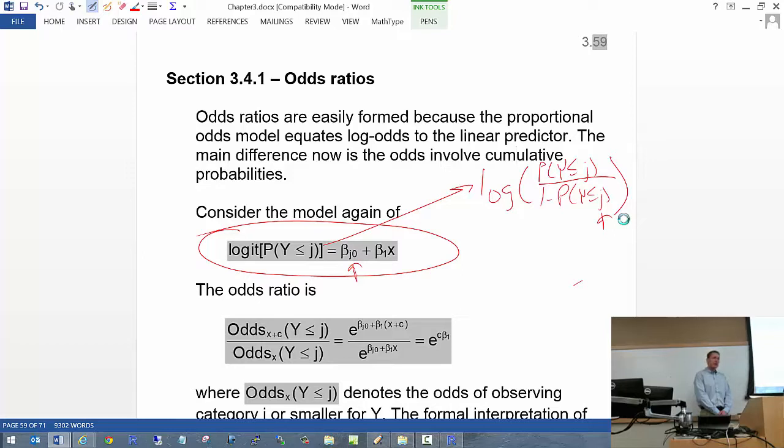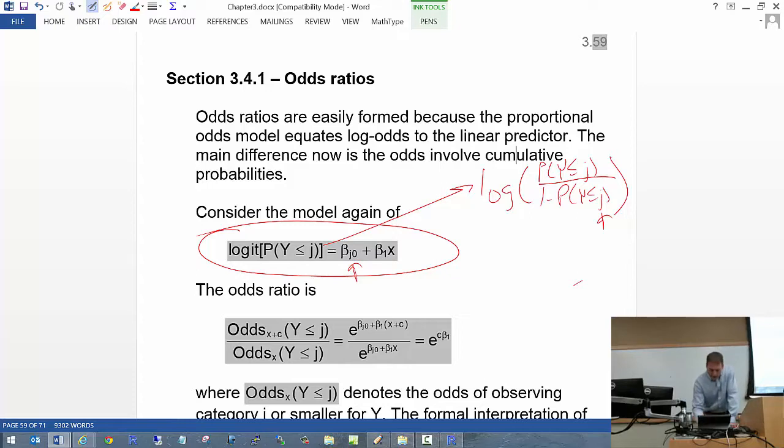So now we'd like to be able to interpret the effect that x has on the response. And so what we're going to do is essentially use the same techniques that we did in chapter 2 for logistic regression models, except now the odds that we're working with is a little bit different from what we had in chapter 2.